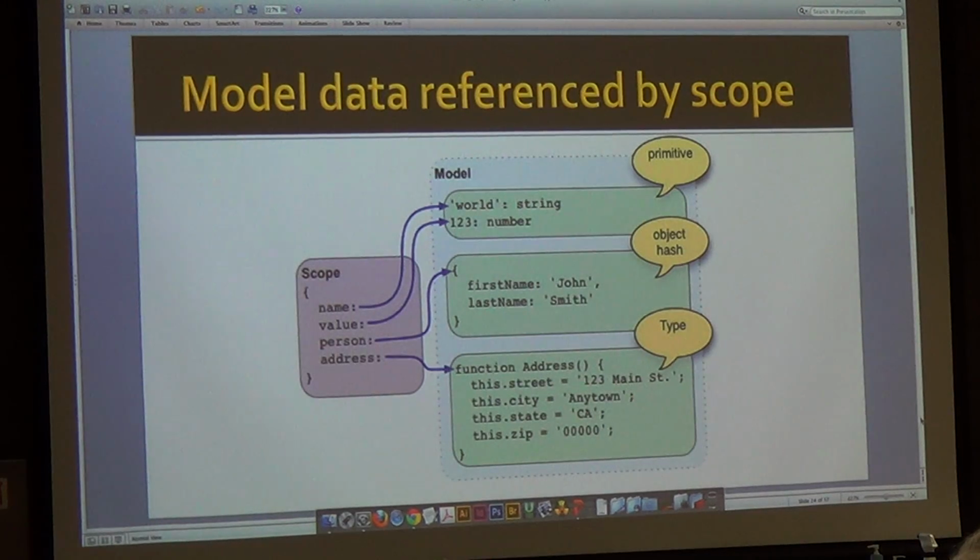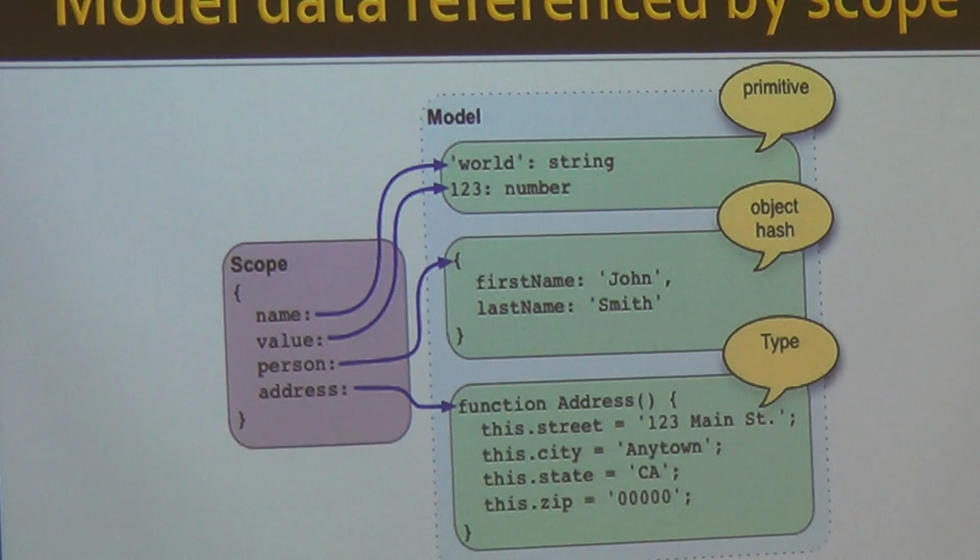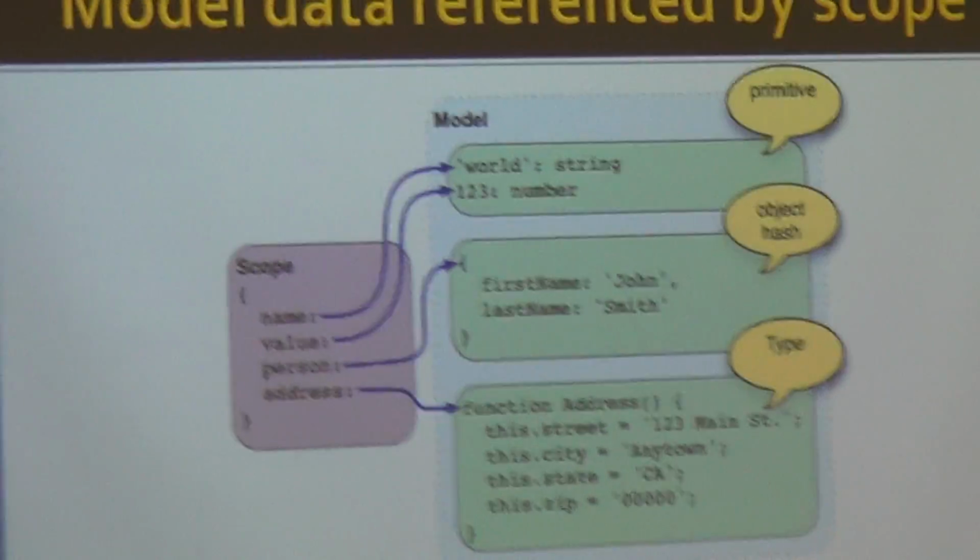But this image is showing the relationship between a scope and the model, and effectively, I think of them as being the same. This was an image from the Angular documentation. I think if you click on it, it'll take you to the page that this was on.